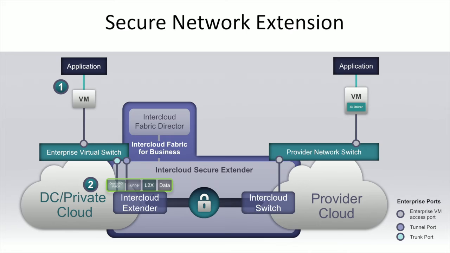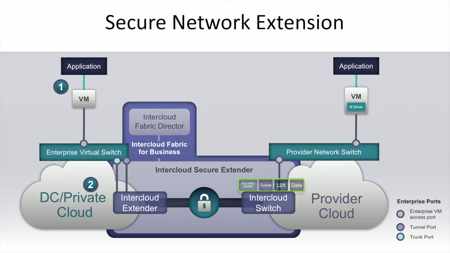That means you've got a cryptographically secured tunnel that is connecting your data center into that public cloud environment. So that's why you're seeing here, once that data gets sent, it gets encapsulated by the Intercloud extender, and then it gets forwarded onto the provider's environment.